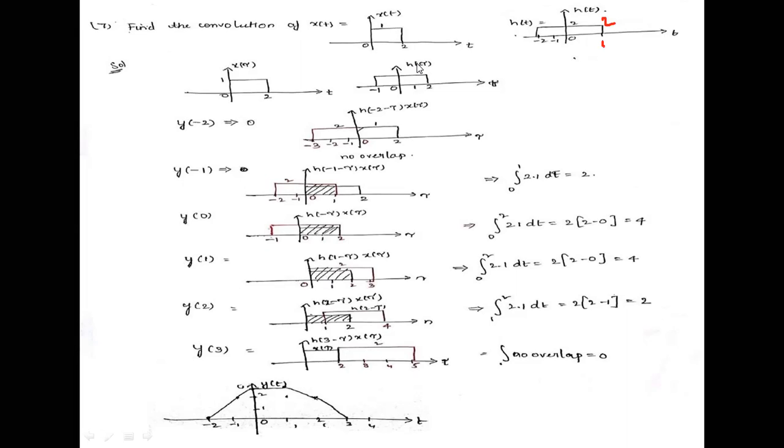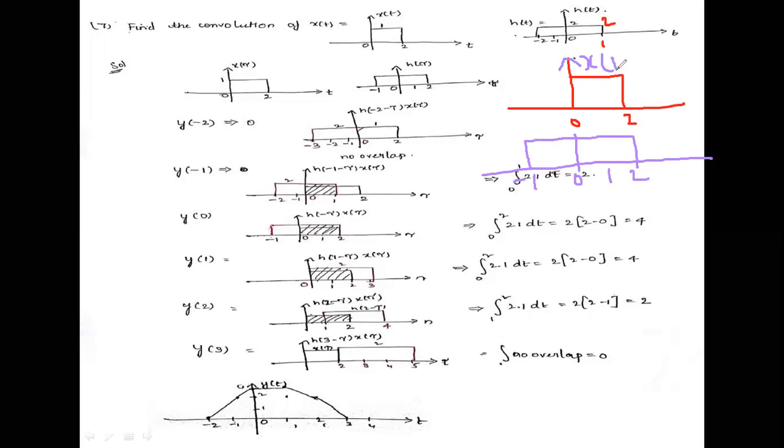When n is equal to 0, h of 0, there is no shift in this. H of 0 varies from 0 to 2, and here also 0 to 2, so overlapping occurs. I will explain here.